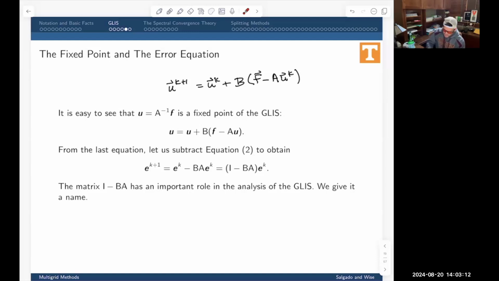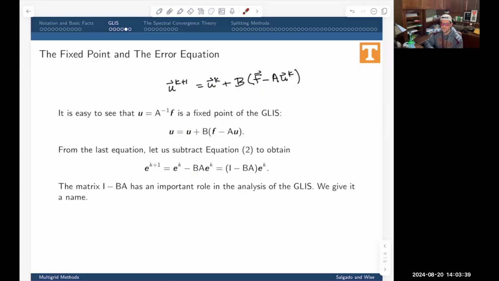Okay, so now take this equation, and from that, we're going to subtract this equation. We'll do term by term subtraction, use the linearity property, and what do we find? Well, we get E_{K+1}. That's what we would get by doing this minus that. This minus that is going to give me EK. And then I'm going to have BAEK for this minus that.